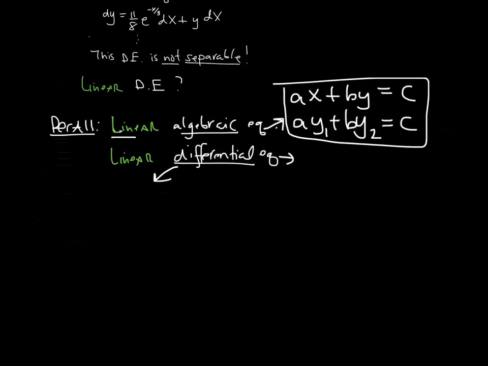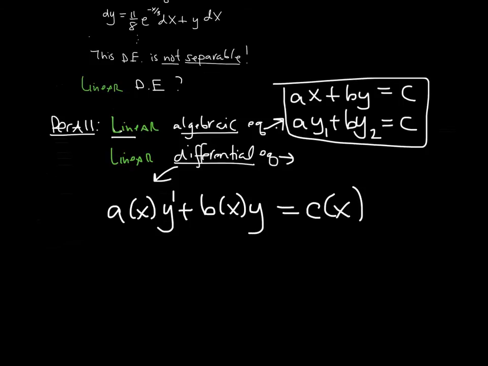So a linear differential equation is of the following form: a of x, y prime plus b of x, y equals c of x. Now I want you to notice the similarity. X and y, y1, y2 are just variables. So the form looks very similar.